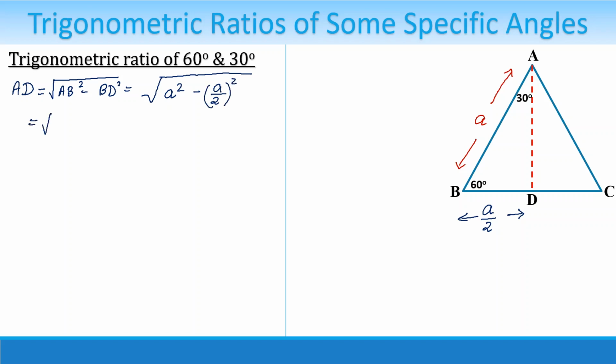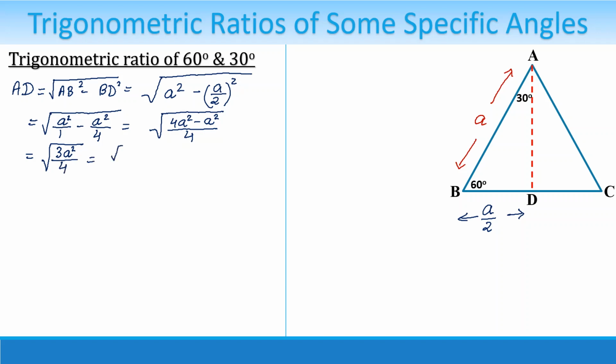If we move on with the further calculation, we can write it as A square by 1, and when you open this bracket, it becomes A square by 4. Now we take LCM. So we will get 4A square minus A square upon 4, which gives us the value as 3A square by 4.